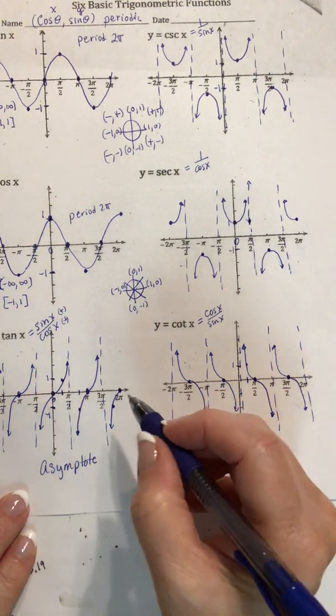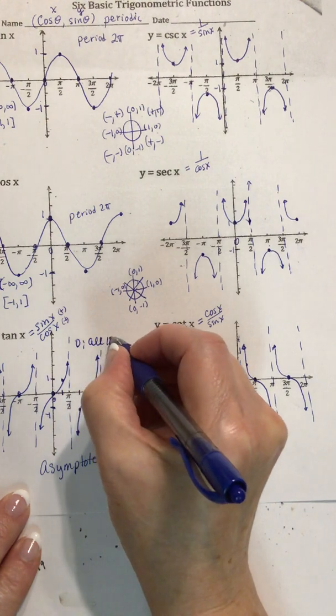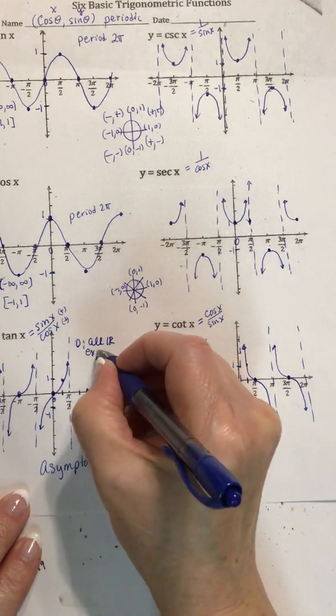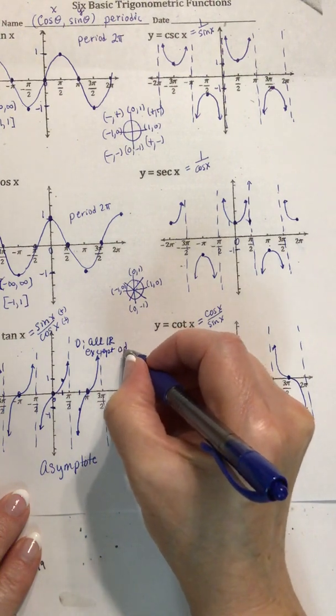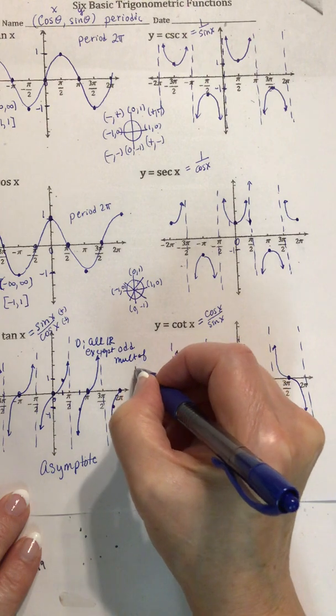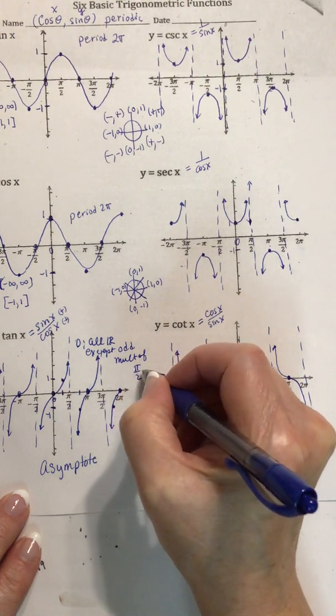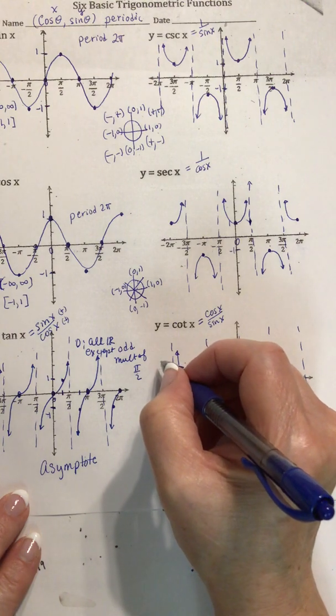We said all real numbers for the domain except we're going to take out these asymptotes, right? So odd multiples of pi over 2. So 1 pi over 2, 3 pi over 2, 5 pi over 2, and so forth.